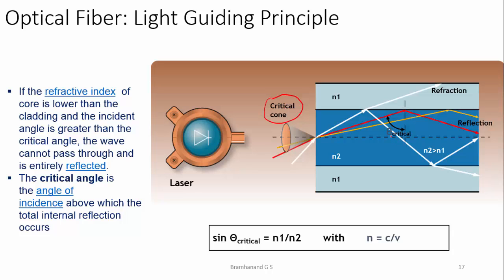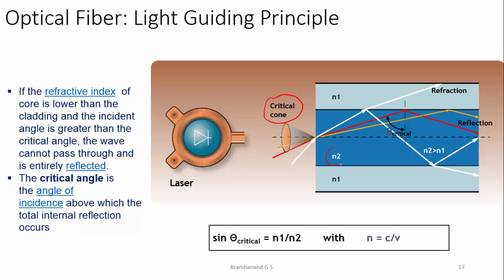If the angle of incidence is reduced, then my light will get refracted to cladding. It means that my signal will get lost.